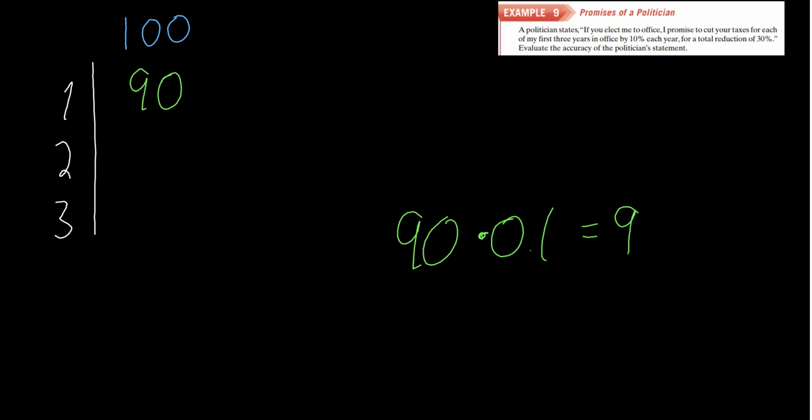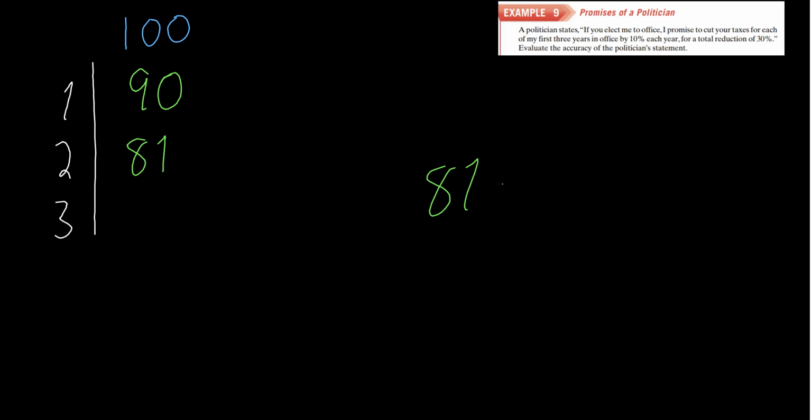Because 90 minus 9 is 81. Let's go ahead and erase that. And then next we're going to do 81 times 10%, which is 0.1, and that's going to just be equal to 8.1. Right? So yeah, 81 minus 8.1 is 72.9.